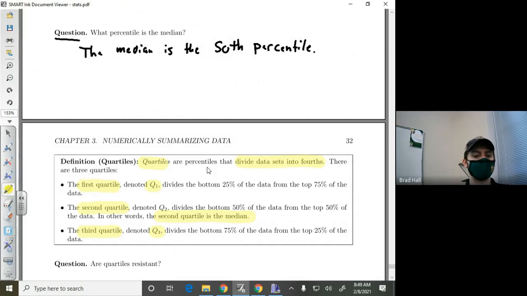Those are the 3 quartiles. Those three data values help divide the data into 4 sections. And this helps build up to something we'll talk about momentarily called the 5-number summary.